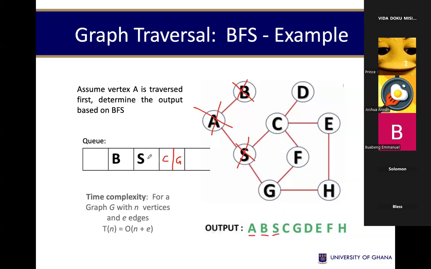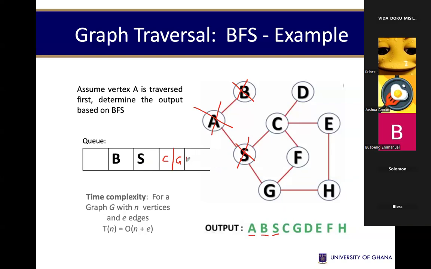Now, the next person in the queue, S is gone. So I come to C. Are we good? Now, when I pick C, I need to check the adjacent friends of C. And the adjacent friends of C are D, E, and F in alphabetical order. So I'm going to put them at the back of the queue.